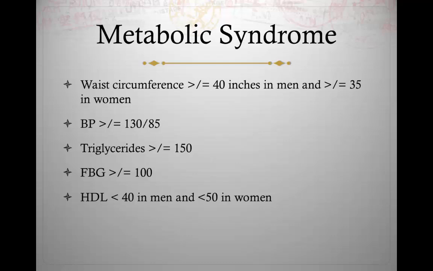So how do you diagnose metabolic syndrome? By waist circumference, elevated fasting blood glucose levels, hypertension, even though that's a contradiction now, and lipid profiles. And how do you treat it? By lifestyle modification, a healthy diet and exercise, and weight loss.